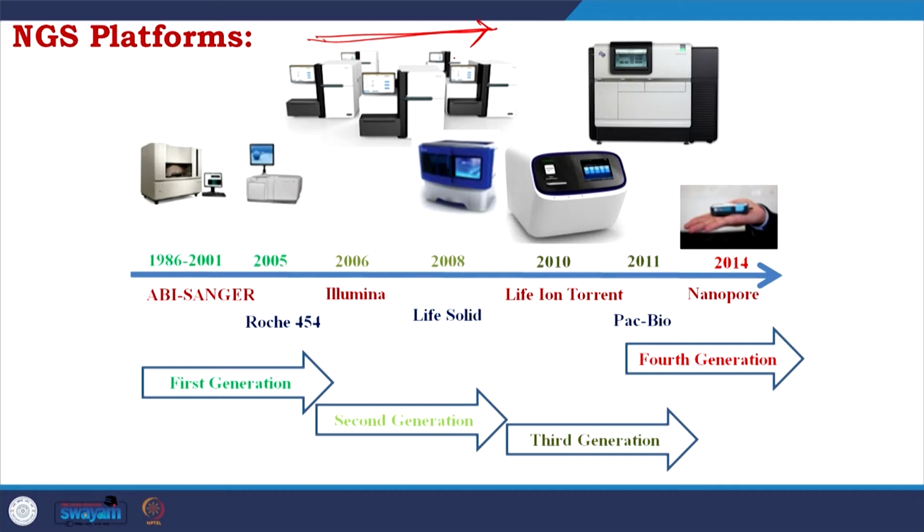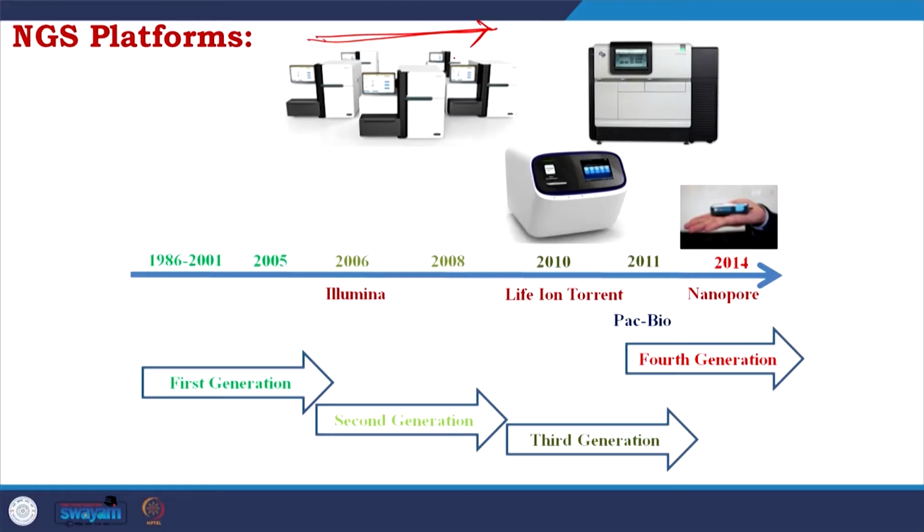You could look at the size of the nanopore. You could take delivery of a nanopore sequencing machine through FedEx, like you get Amazon stuff. It's that small. And with PacBio and nanopore, sequencing costs are getting lower day by day. Yes, there is still an issue of accuracy. The accuracy is still best with Illumina, but these others are also reaching higher accuracy day by day. So these are the main ones in the market now: Illumina, Life Ion Torrent, PacBio, and Nanopore.